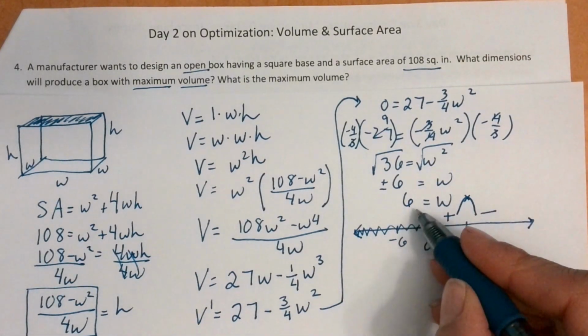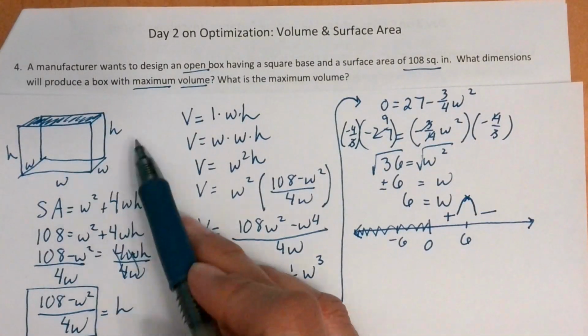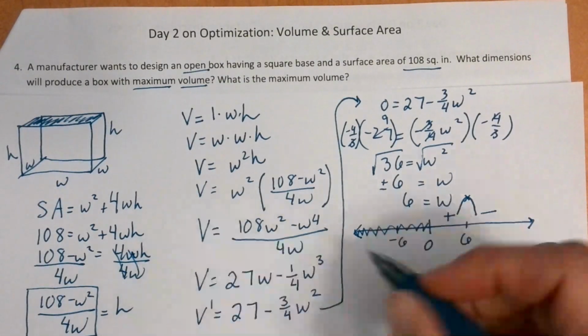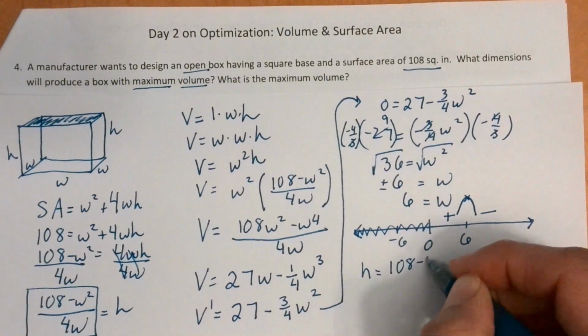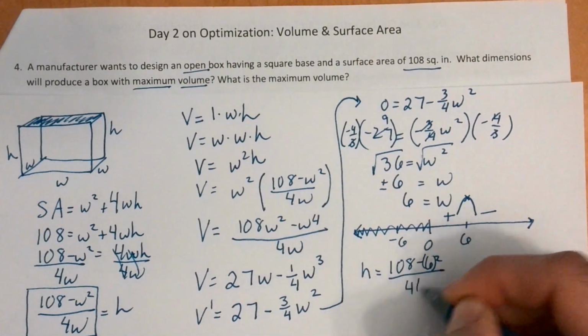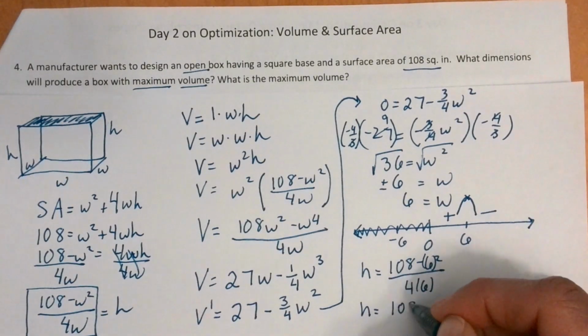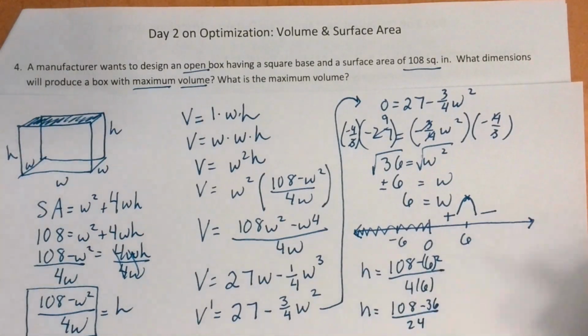So I've got one of my dimensions. I have the other dimension also because those are both widths, but I do need to find height, and you'll recall we have a formula over here for height, so I am going to substitute 6 into my height formula. And that gives us 108 minus 36 all over 24.